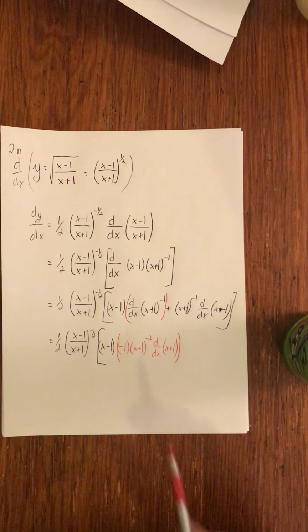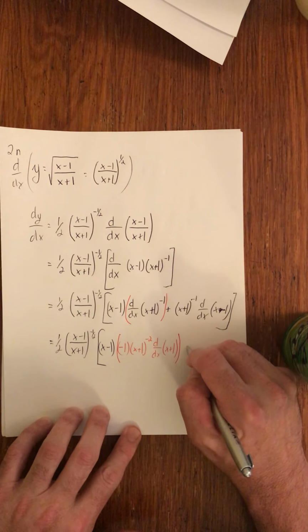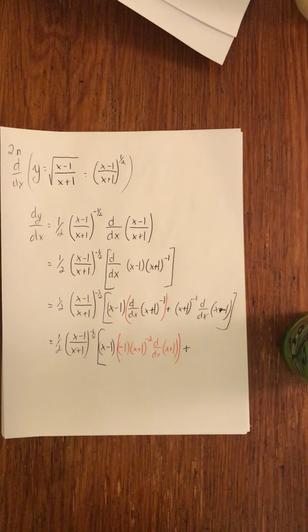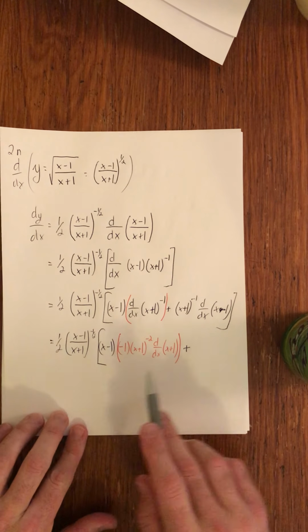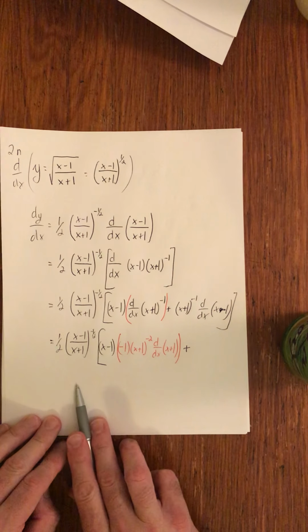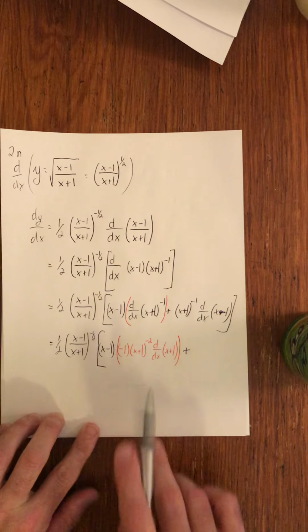Close parentheses. Now, I'm going to run out of room here, so let me show you a little trick. Rather than try and squish it in, which is what most of you do, which is terrible, let's not do that. We're going to go plus, and then I'm going to go down to the next line, and I'm going to indent. Normally I would only indent about this far, but because I'm inside this bracket, I'm going to indent into the bracket.